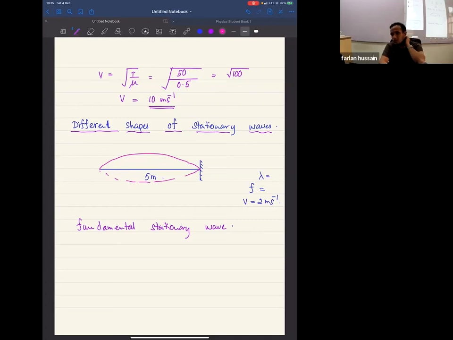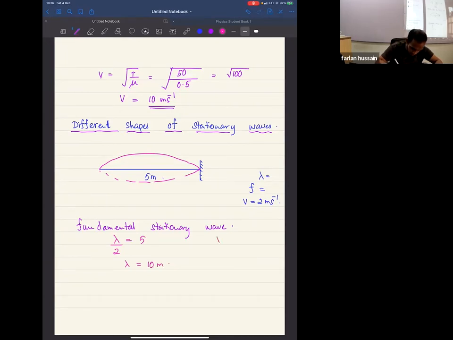Did I show you a video of stationary waves last week? Yes, right. So in fundamental mode of vibration, all particles will move like this. So here we see exactly half a lambda. So for this to happen, lambda over 2 has to be 5 meters, which means lambda has to be 10 meters.